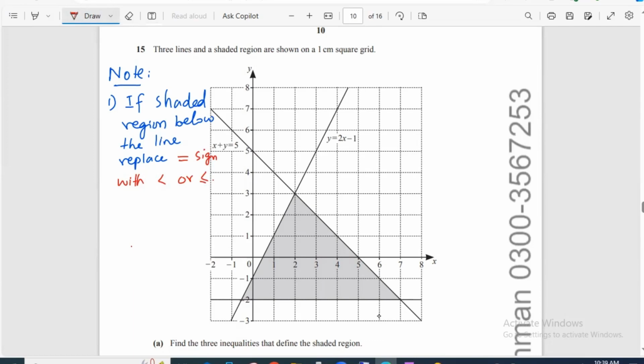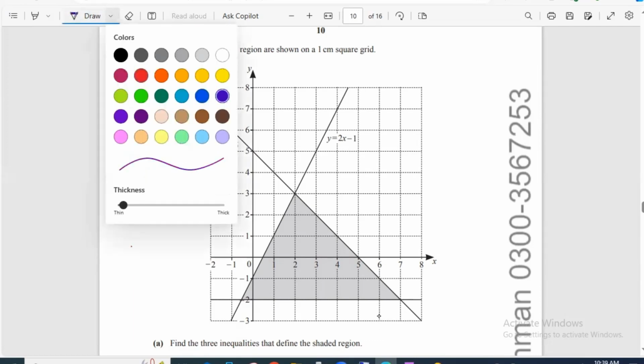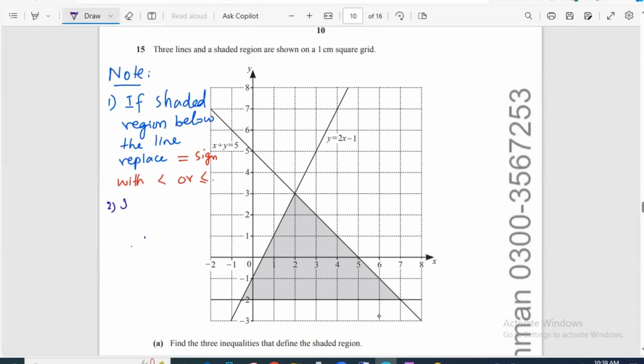So rule number two is if the shaded region is above the line, replace the equal to sign with greater than or greater than equal to sign, right?